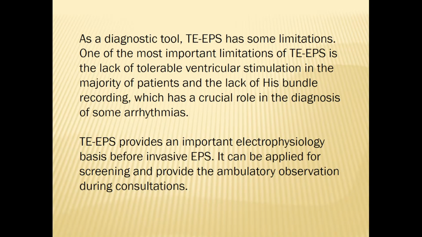As a diagnostic tool, TEPS has some limitations. One of the most important limitations of TEPS is the lack of tolerable ventricular stimulation in the majority of patients and the lack of His bundle recording, which has a crucial role in the diagnosis of some arrhythmias.